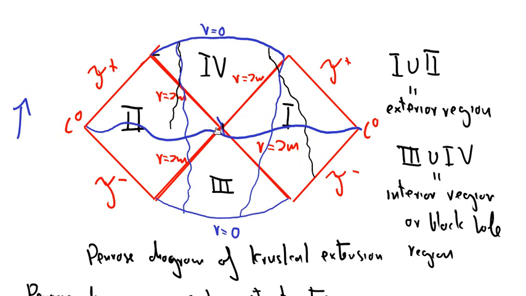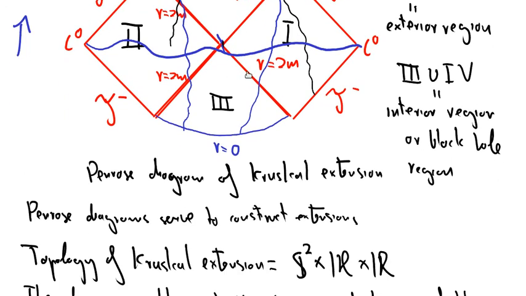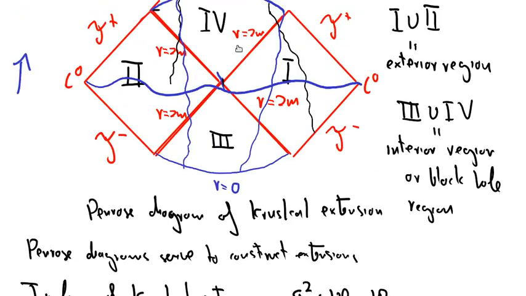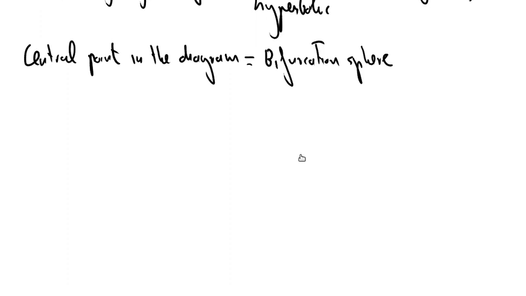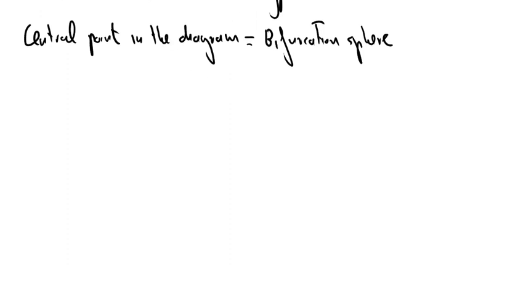So in a generic black hole, maybe it's better that, by looking at this diagram, we draw what a generic black hole might be.